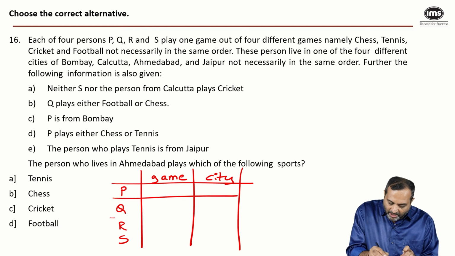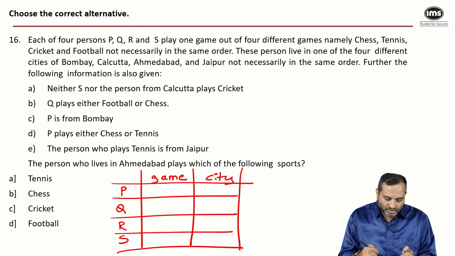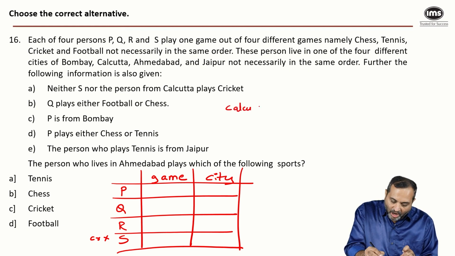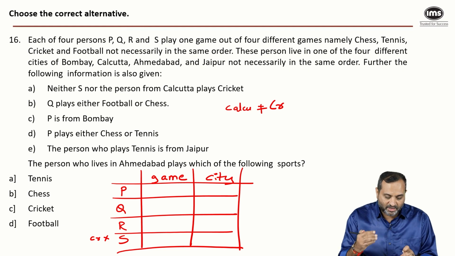So this is the table that I am looking at filling. So let's look at the conditions. Neither S nor the person from Calcutta plays cricket. So let me keep a note here. S cricket not possible. And the person coming from Calcutta also is not playing cricket. So keep this in mind.